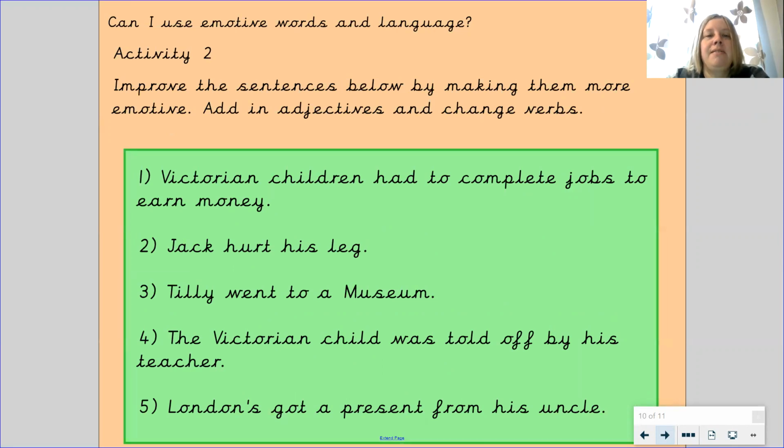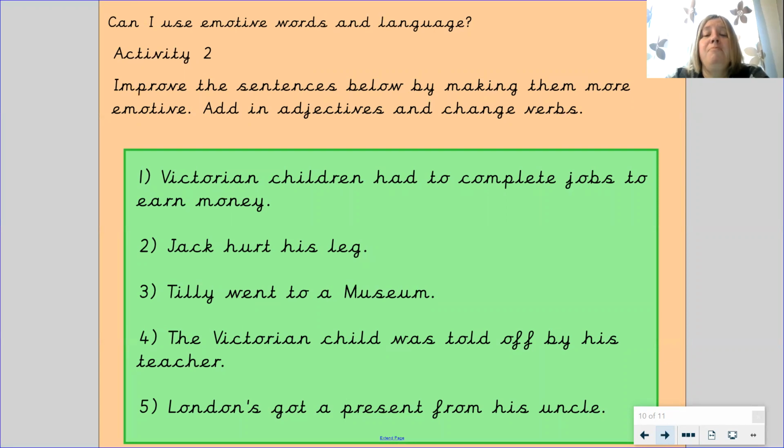Let's have a look at this. See if you can rewrite the sentences to improve them by making them more emotive. Can you add in adjectives and change the verb? So if you look at the first sentence, Victorian children had to complete jobs to earn money. Can you make it more emotive?